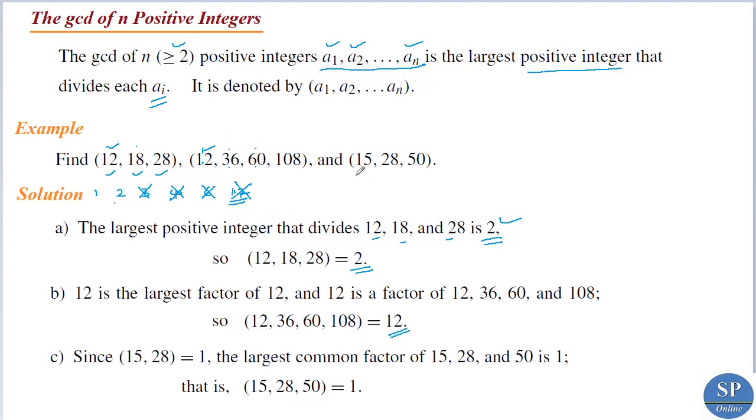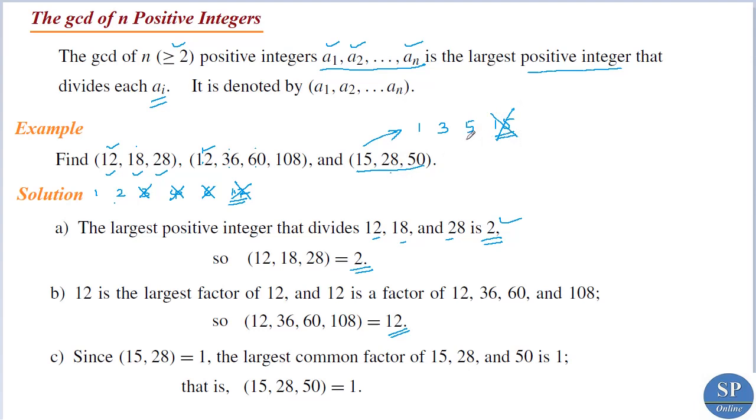Now next one is 15, 28 and 50. If you are checking the factors of 15, we have 1, 3, 5 and 15. These are the factors of 15. Now if you are taking the largest one, 15 divides 15, but 15 does not divide 28. So this is not the GCD.